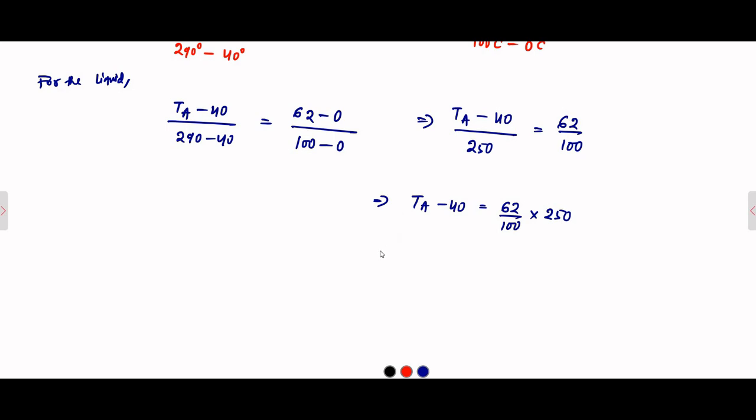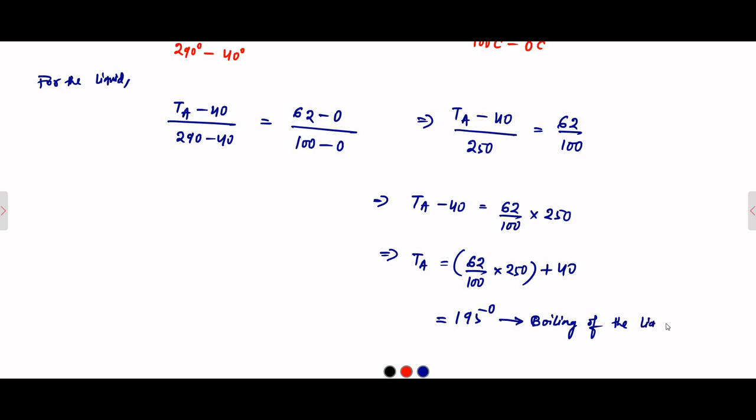That implies the temperature in the arbitrary scale is equal to 62 by 100 into 250 plus 40. So the result is equal to 195 degree. So this 195 degree is the boiling point of the liquid in this arbitrary scale.